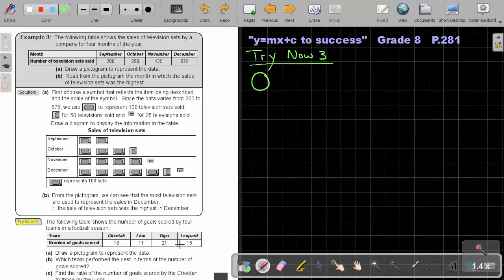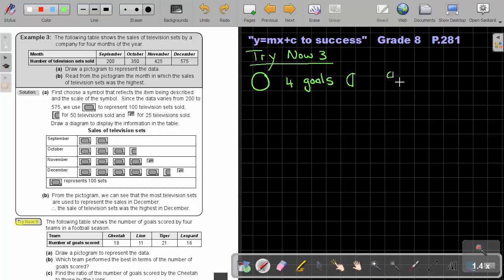I think a circle, because a circle can divide in 4, will represent 4 goals. So let's make a circle represent 4. Then we will make a half circle. Oh, it's not so nice. Let's try to redraw it. So it's basically going to be a half circle for 2, and a quarter circle for 1.